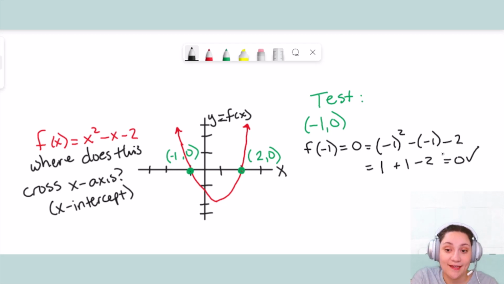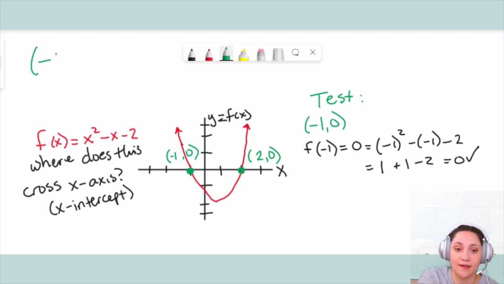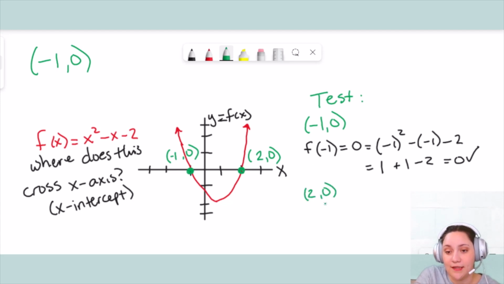So, yes, that works. This is an actual point that's on the graph, and it does cross the x-axis there. So that is one of the points where it crosses the x-axis. So we'll go ahead and write that down as a definite yes. And now let's also test 2, 0. So again, 0 is our y value, and for our x value, it's 2.